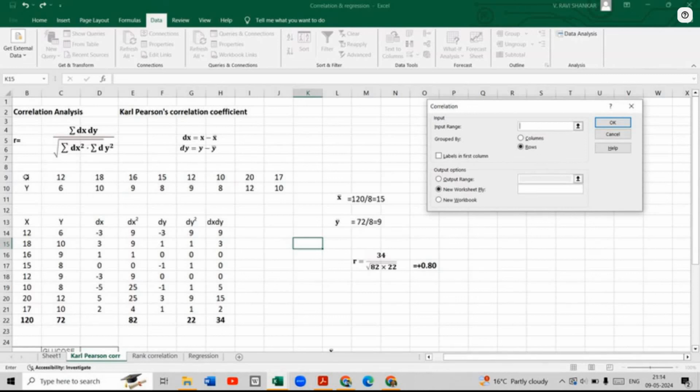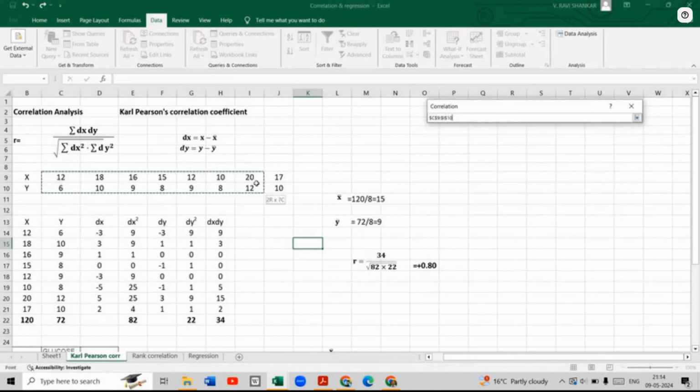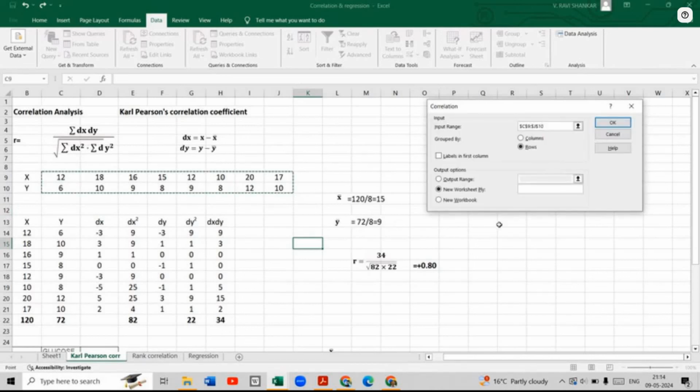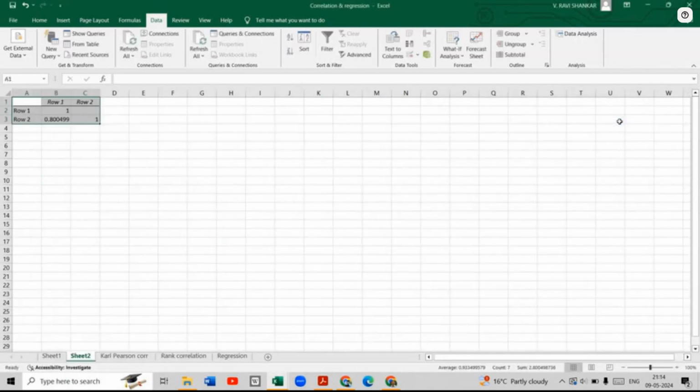So here in this particular case, X and Y for me, I have put it in rows. So I have checked the rows, and input range, now I can choose the full range because I have mentioned that it is grouped in rows. And I can get my result in a new worksheet. So I am clicking on OK.